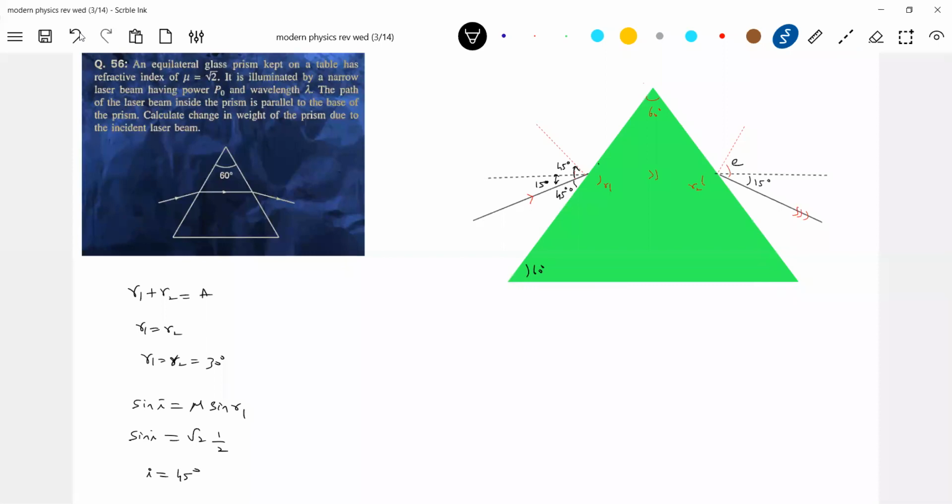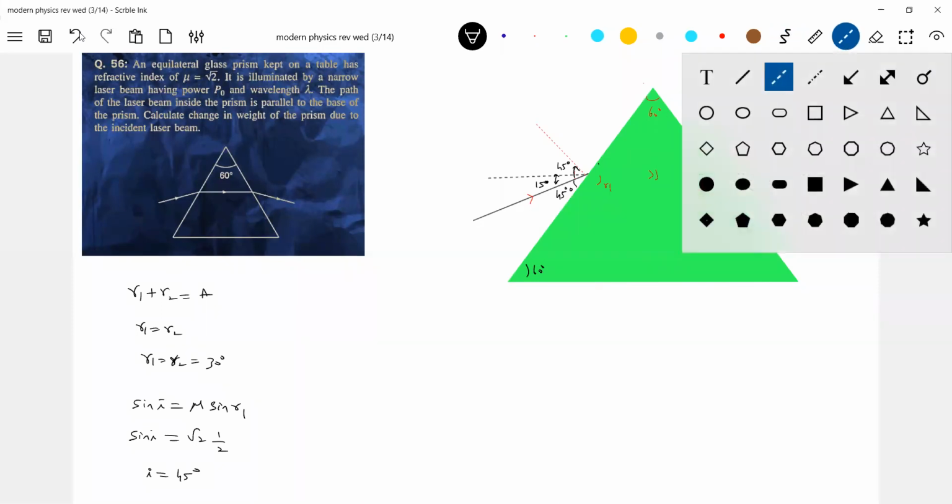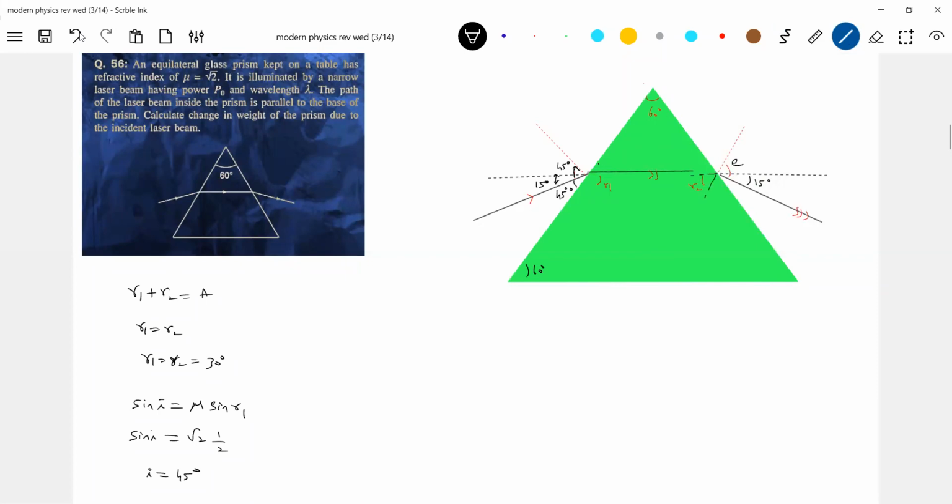Shall I write directly? Yeah, it is like this. So look at the change in, this particular thing from here it is emerging out. So will it exert any force?